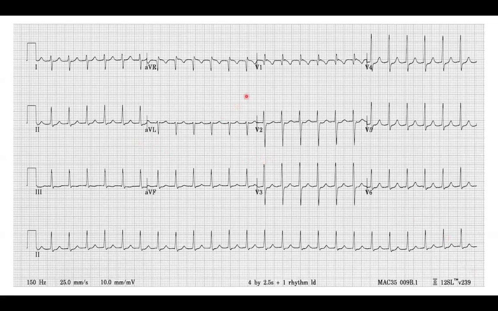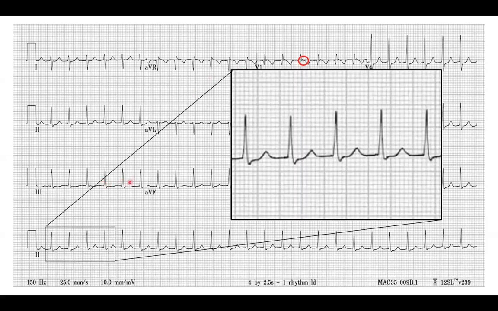They're difficult to discern, but what I'll point out here is that you can see a little blip here in V1, and then when you zoom in closer at our rhythm strip and look very close at the QRS complex, you actually see a P wave very subtly here, buried within the QRS.